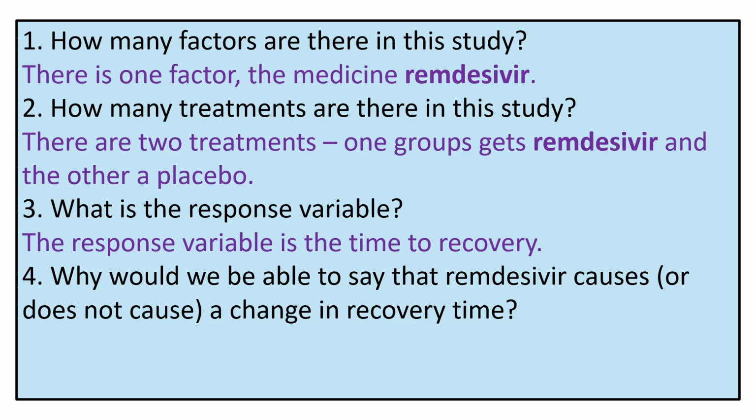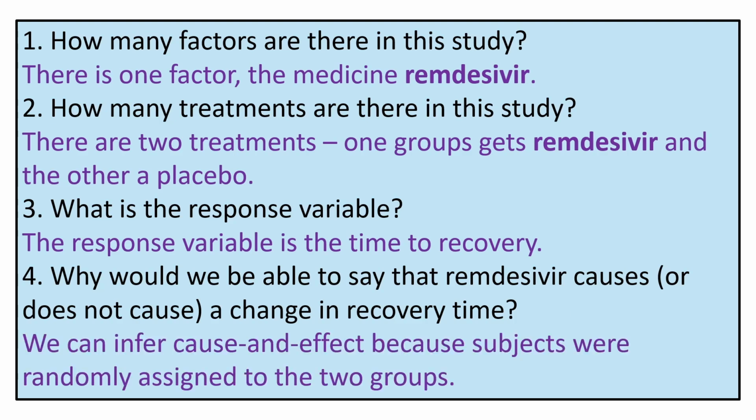Finally, the most important question: why would we be able to say that this drug causes a change in recovery time? The primary reason is we can infer cause and effect because the subjects were randomly assigned to the two groups. So why does that matter? Let's think about that again.